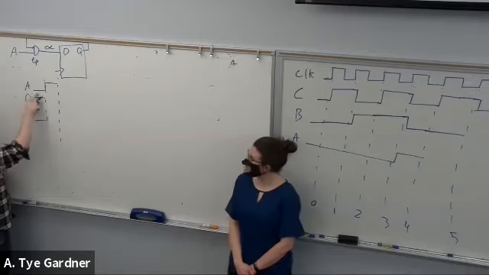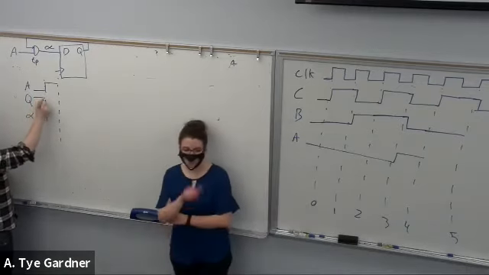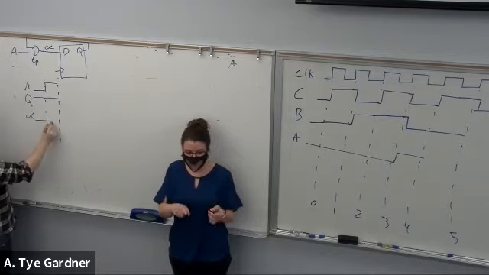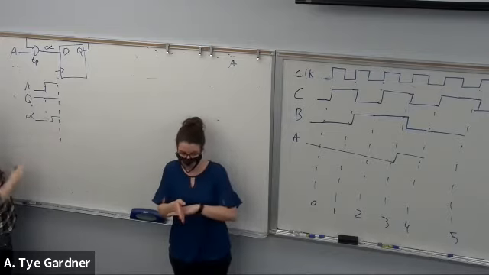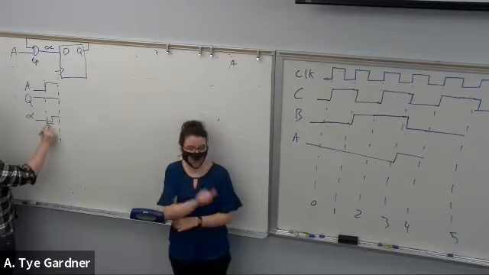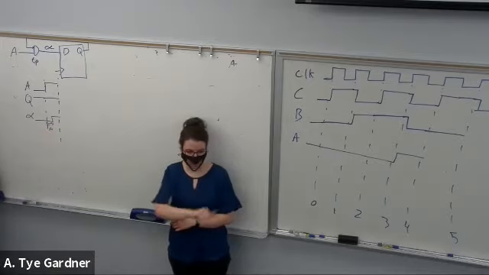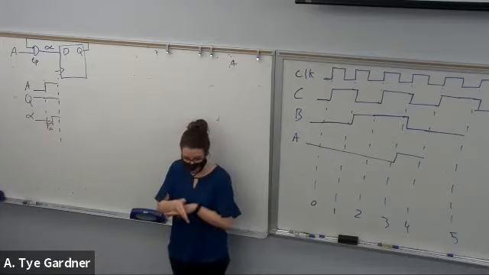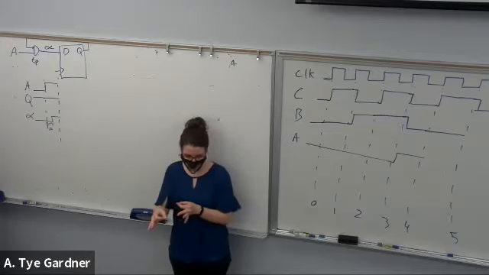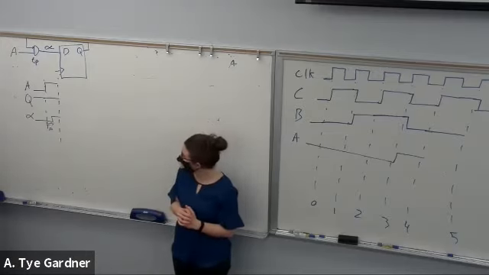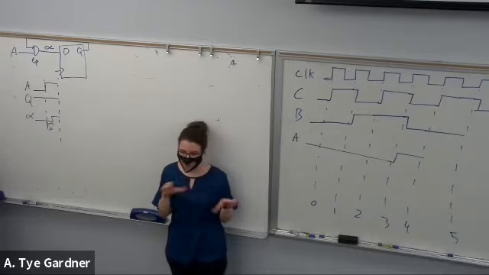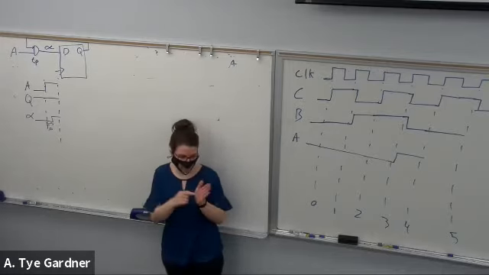So A changes, Q is already 1. Alpha changes after TP, the propagation delay. All right, so that's all propagation delays.